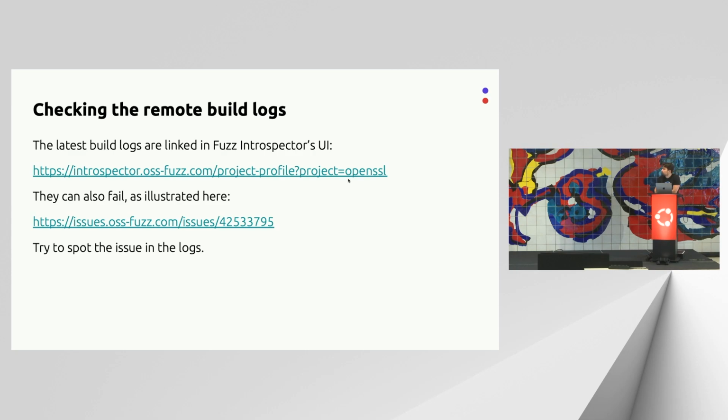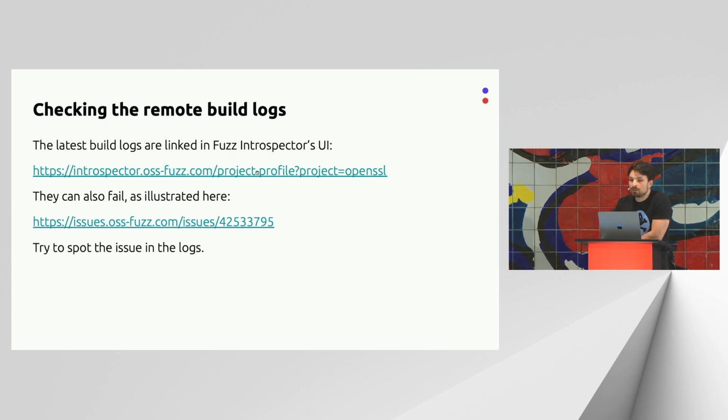Can you write the first link in your browsers and access this? So it's introspector.oss-fuzz.com/project-profile?project=OpenSSL.